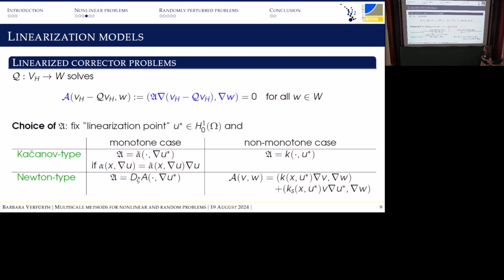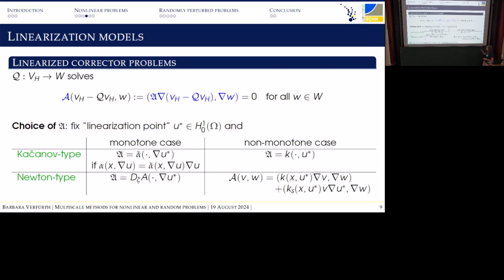The Newton type thing is like from some sort of first order linearization, or inspired by doing one step of Newton type thing, or Fréchet derivative. And in the monotone case, you just take the Jacobian of your nonlinearity, oh, it should be an alpha here, I think. The Jacobian of your nonlinearity with respect to the argument, and evaluate it at that point.